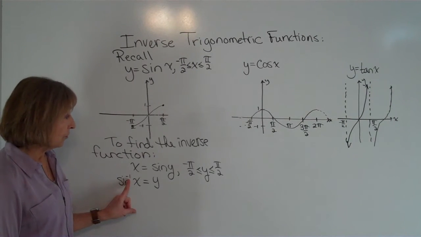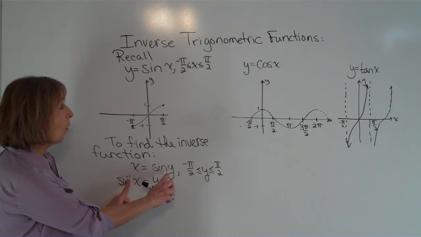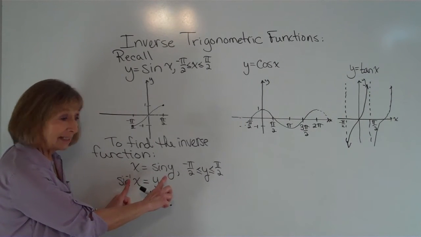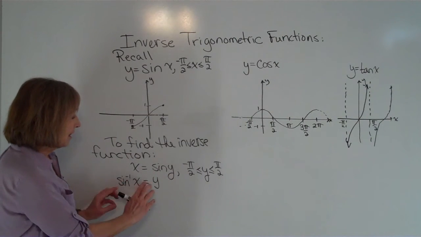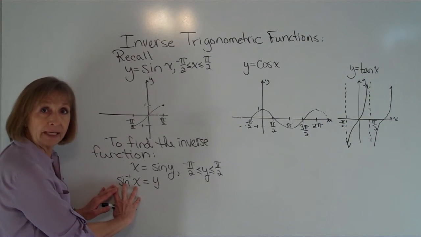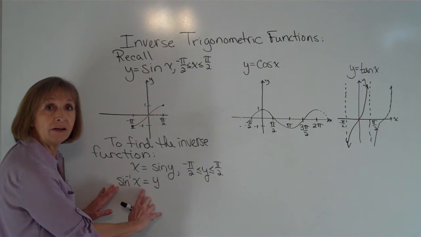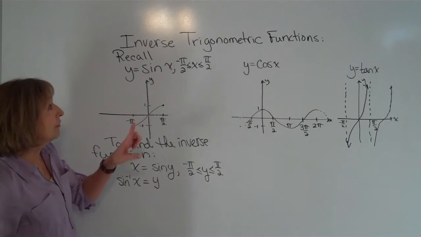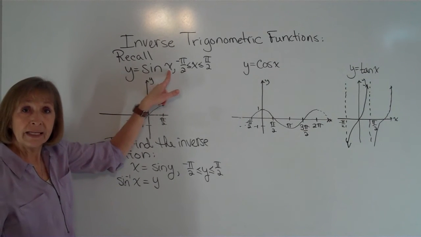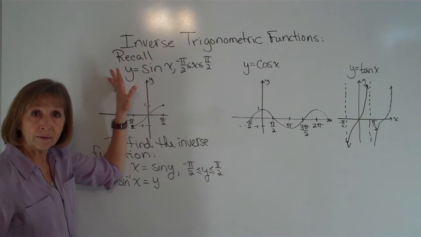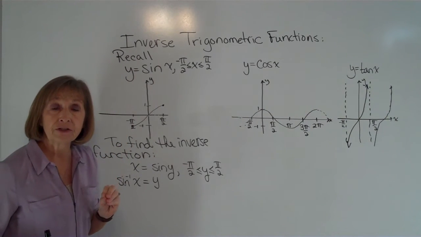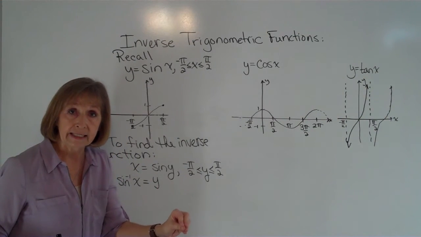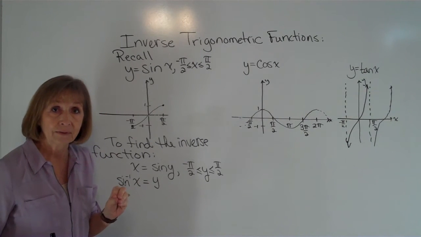Also note that my y is an angle. So the inverse sine of an argument is an angle that you get out. Trig functions: angles went in, ratios came out. Inverse trig functions: ratios go in and angles come out.